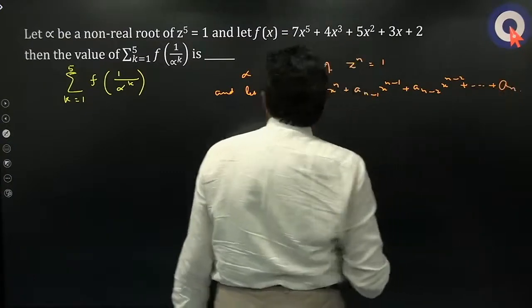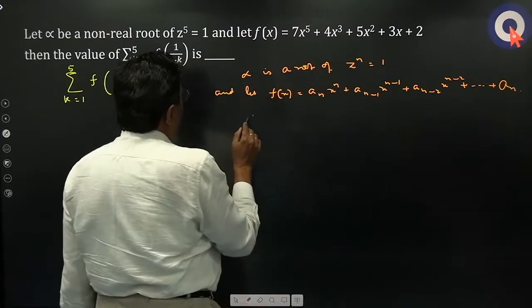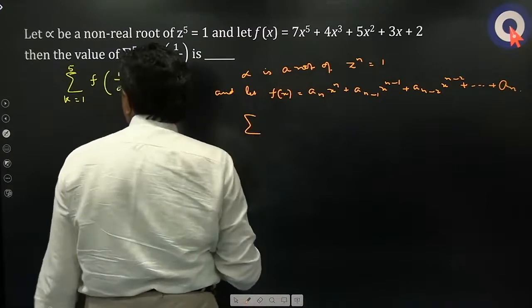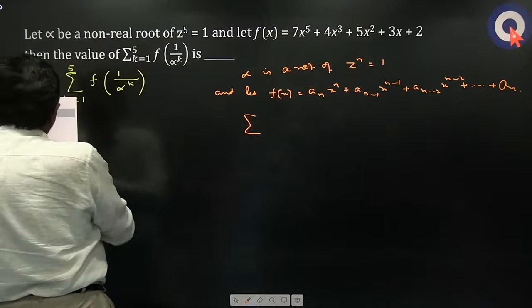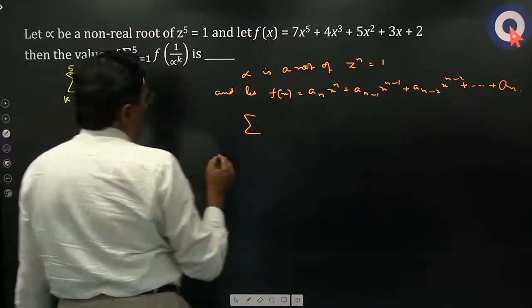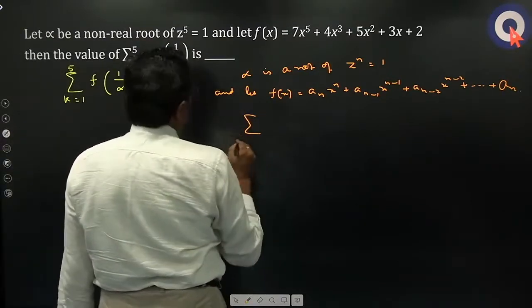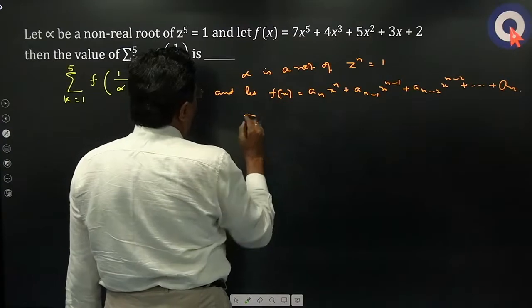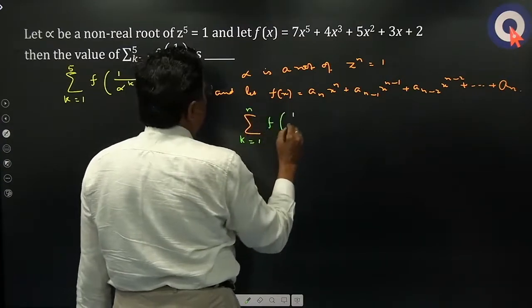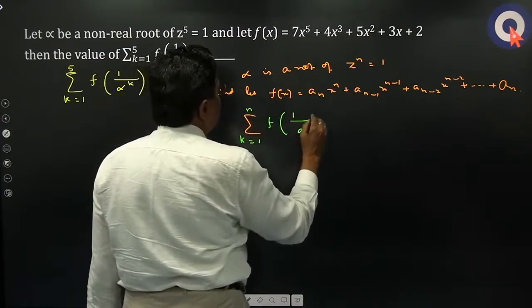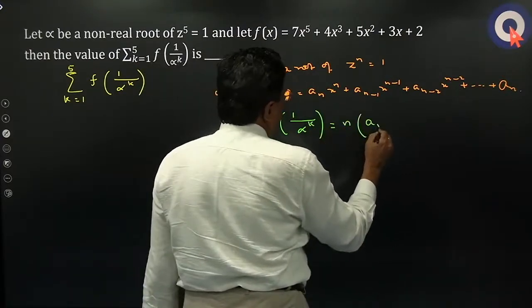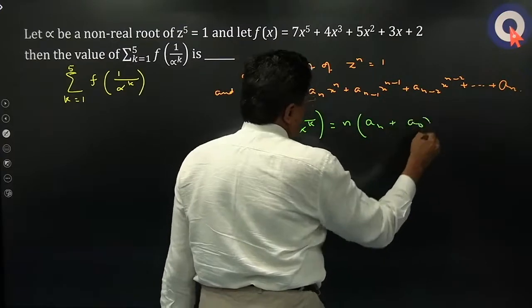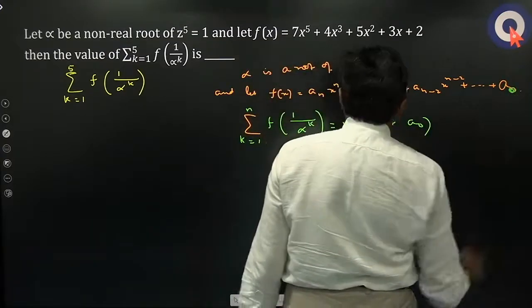All right. Now, if we want the value of sigma k is equal to 1 to n f of 1 by alpha power k, if this is required, it is n into a_n plus a naught.